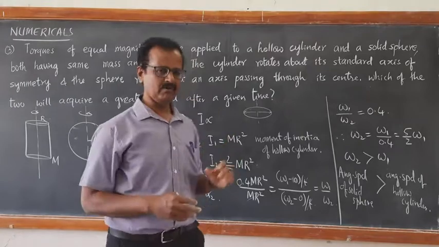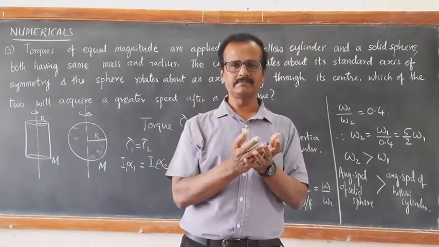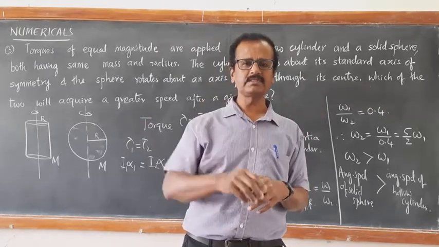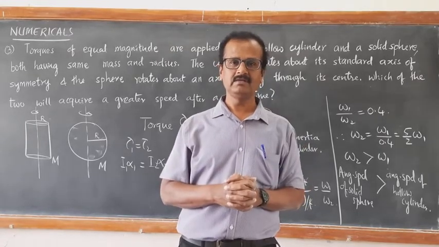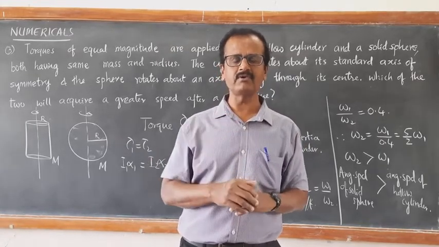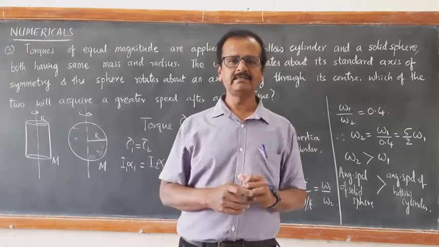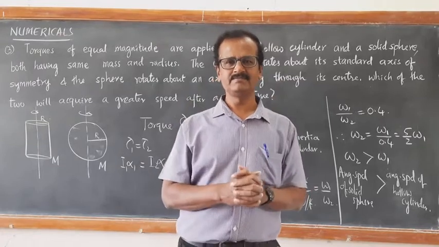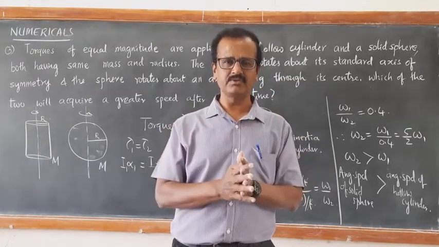Whereas in the case of a hard boiled egg, it's totally solid. Already it is boiled and it's a solid egg. When you set it spinning with the same amount of torque, you will see that it continues to rotate for a longer period of time, because the hard boiled egg has less moment of inertia, because the mass is almost uniformly distributed.